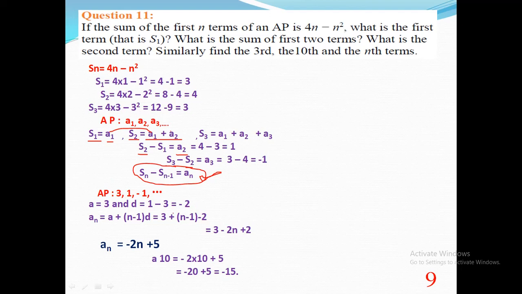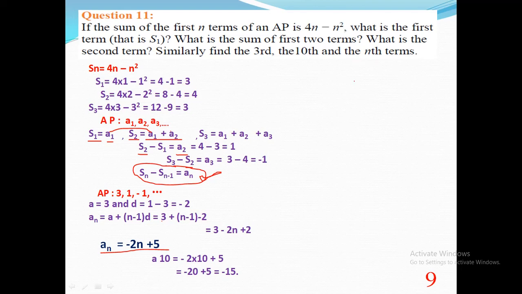Now An you have to find. An equal to A plus n minus 1 into D. A means 3, n minus 1 into minus 2, that is 3 minus 2n plus 2, or 5 minus 2n. Now when we know the value of An, we can easily find the 10th term.